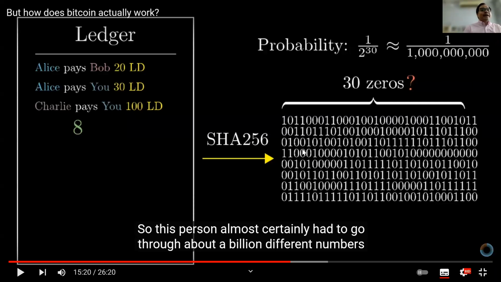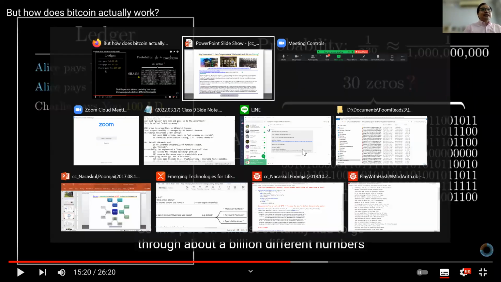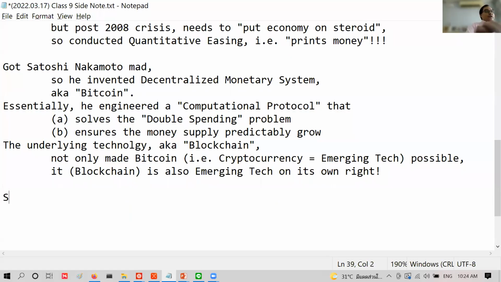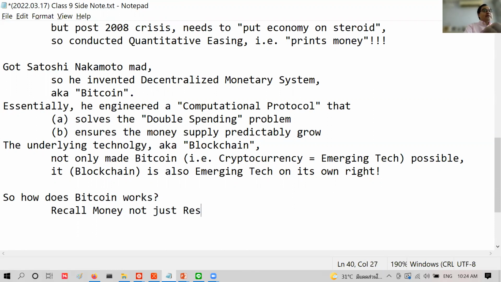But basically, let's count the stories, how it works. So how does Bitcoin work? You have to recall that money is not just the result of a transaction, but a memory of that.